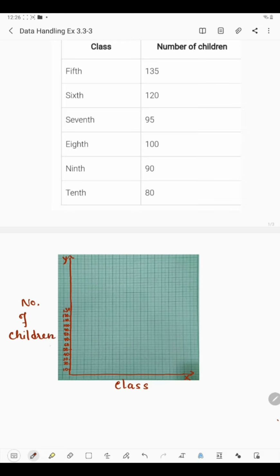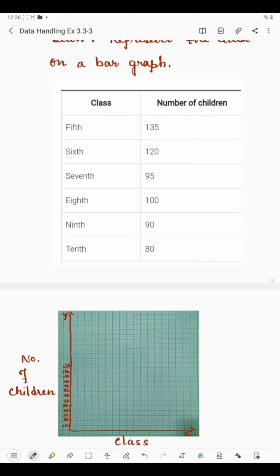We will have to label both sides, at the bottom and at the side. After that we will have to choose the scale, and the scale depends on the values given. Here we have 135, 120, 95, 100, 90, 80.